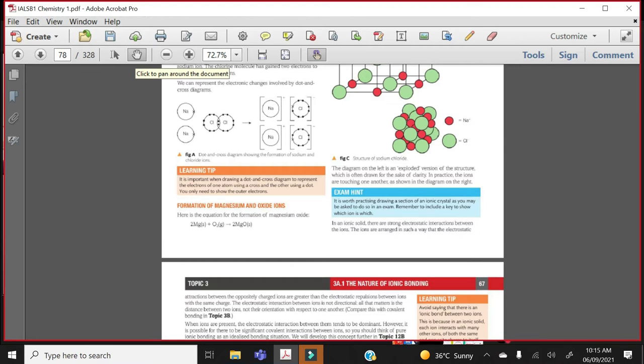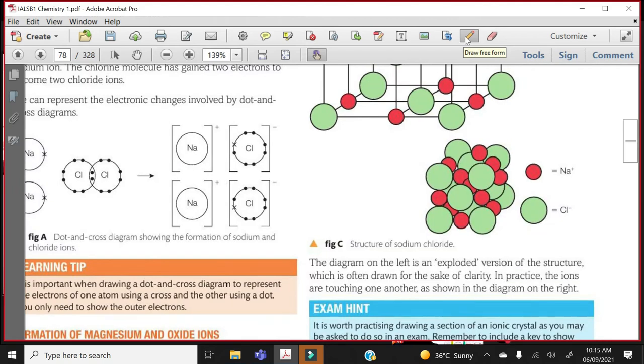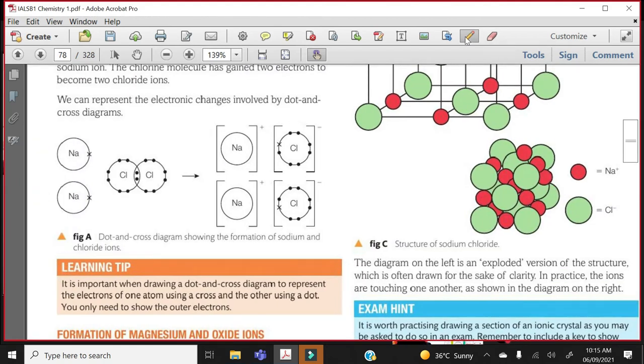When a metal is losing electrons, it is becoming positively charged, and when a non-metal is gaining an electron, it is becoming negatively charged. So the positively charged species is called a cation, and the negatively charged species is called an anion. Here you can see sodium is a cation. You can see the charge, and it is because of the loss of this electron.